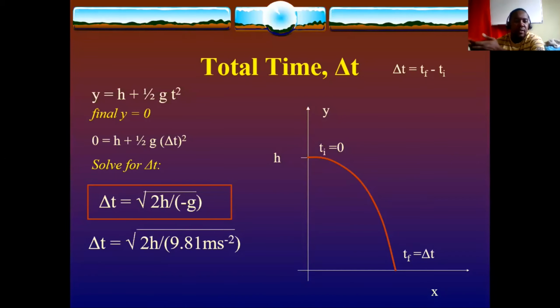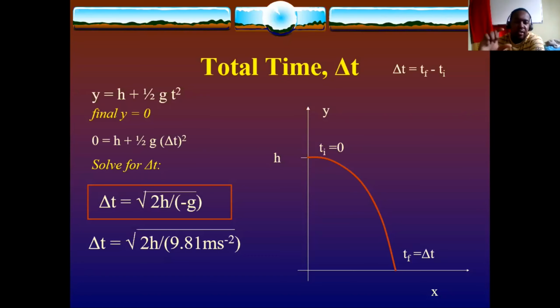So we're finding t, so we make t the subject, and we get the square root of 2h over negative g, which is the same as the square root of 2h over 9.81 meters per second squared.